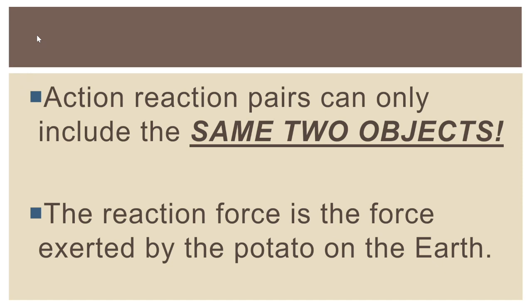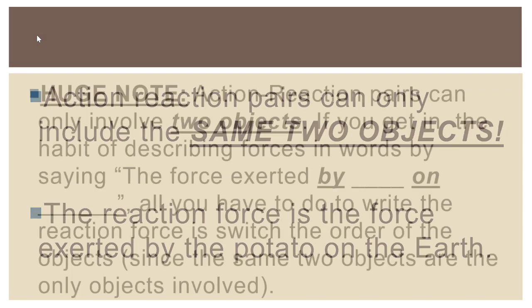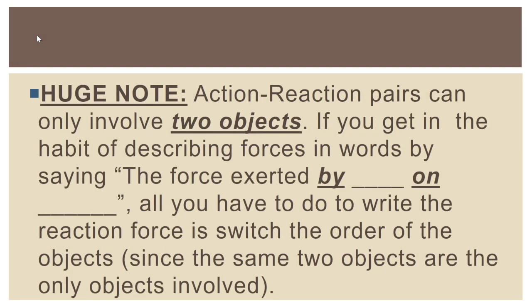So, for the note about this, let's say the following. And this is a huge note here. This is very big. Action-reaction pairs can only involve two objects. If you get in the habit of describing forces in words by saying the force exerted by blank on blank, all you have to do to write the reaction force is switch the order of the objects, since the same two objects are the only objects involved.